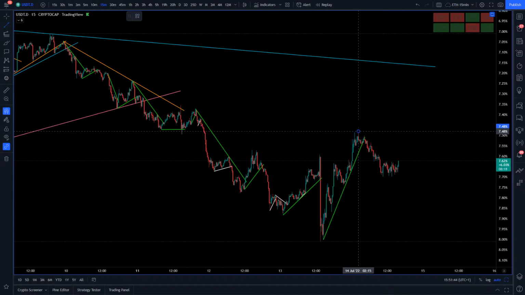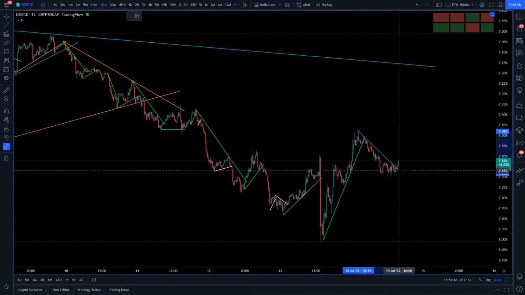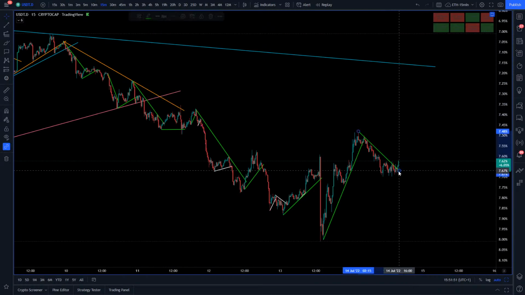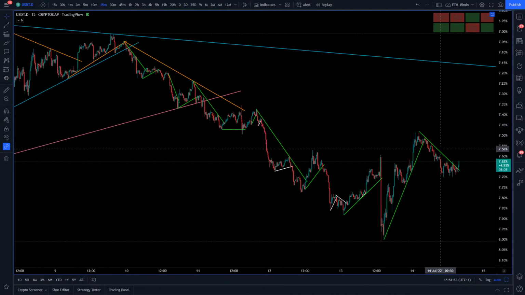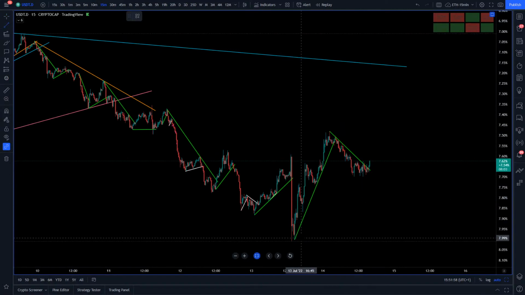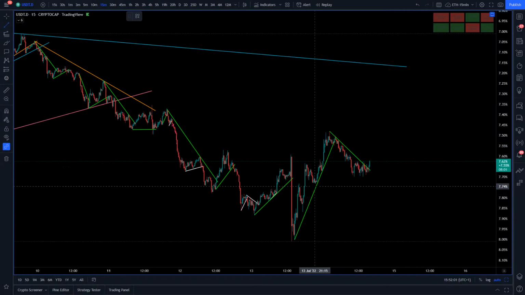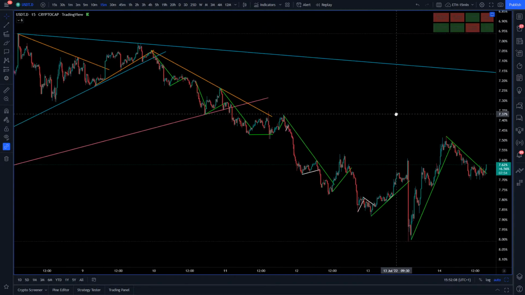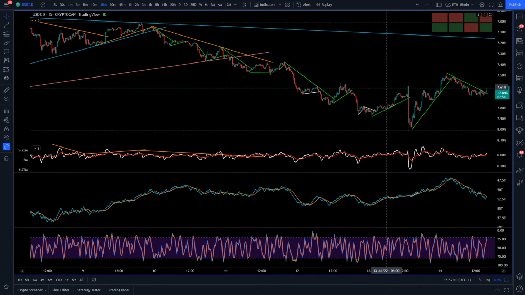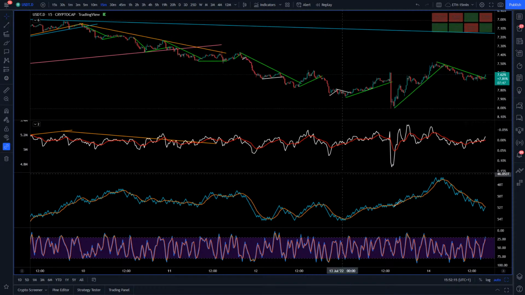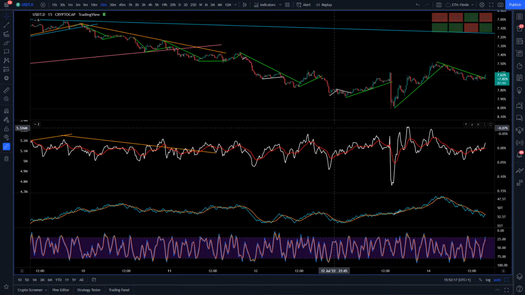This is a green line breakout. Okay. So if you want to use the indicator to help you look at this breakout and breakdown, you can.